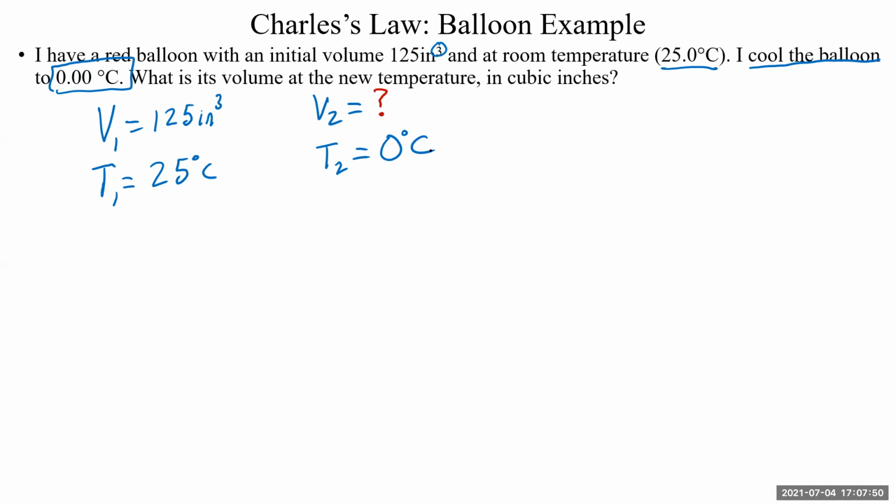So Charles's law: V1 over T1 equals V2 over T2.